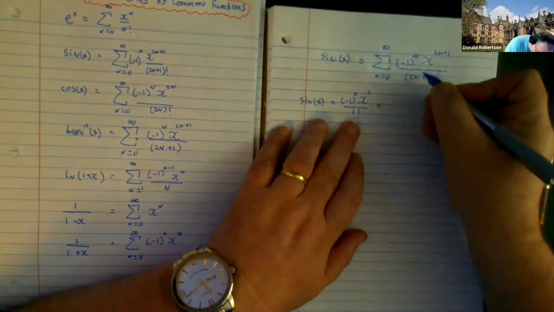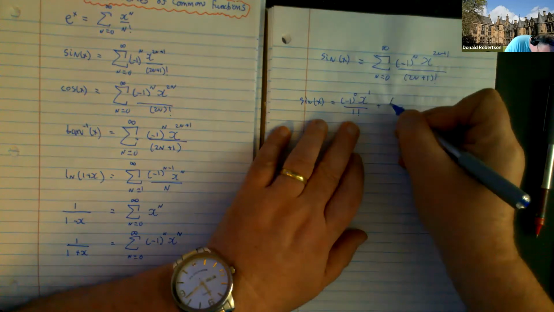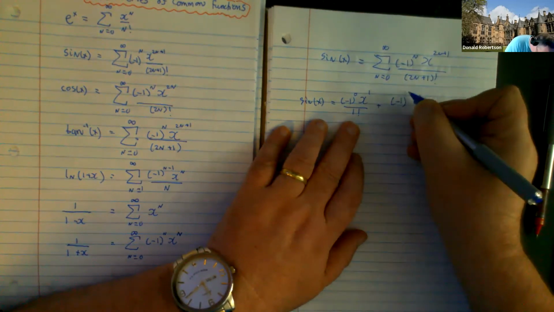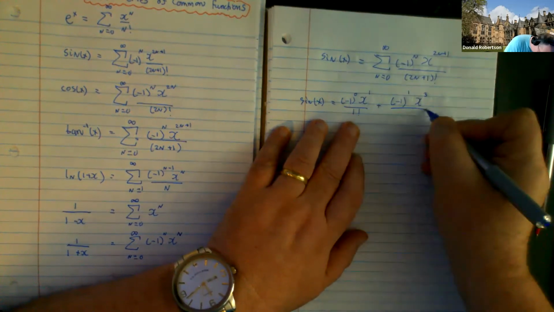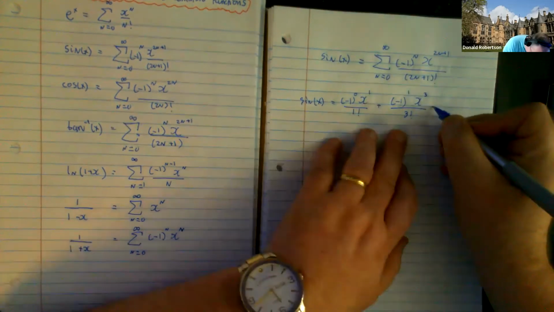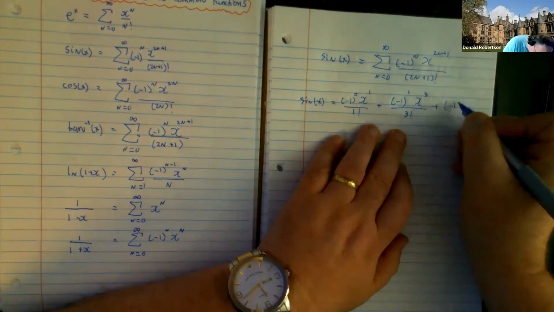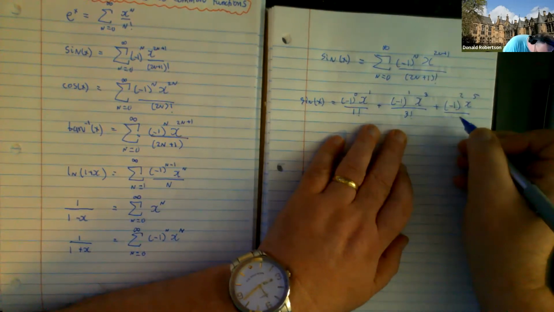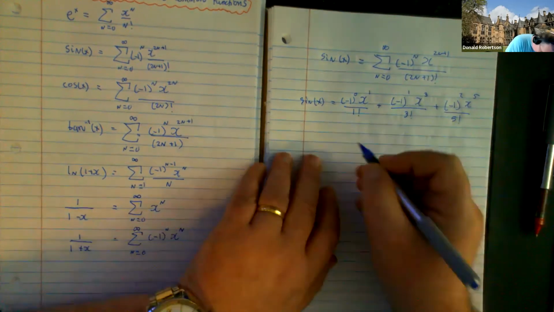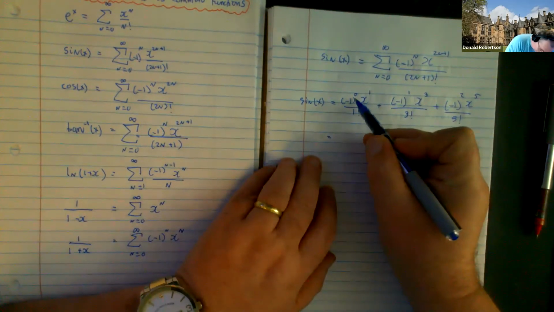If you plug in n equals 1, you get -1, sorry, 1 to the... x to the 3, that's x cubed, over 3 factorial. And then if you plug in the next one, you get (-1)^2, x to the 5, all over 5 factorial. And let's make it pretty.